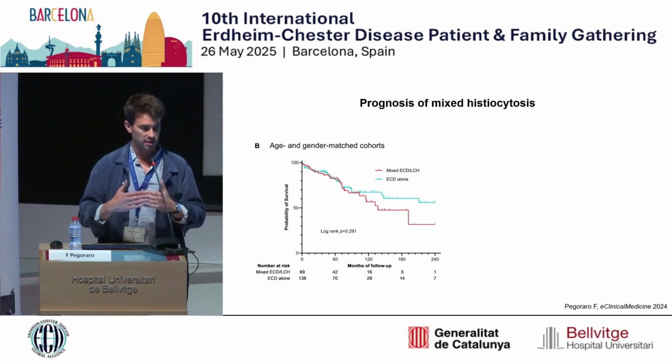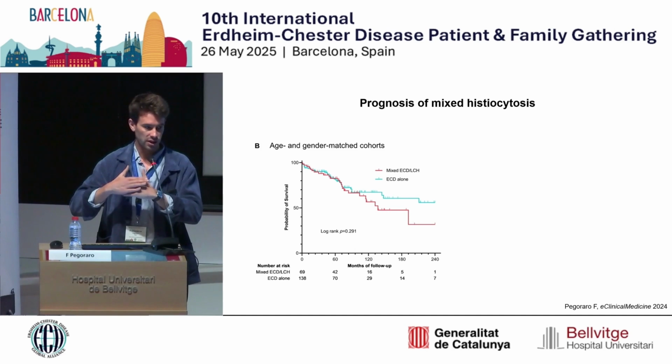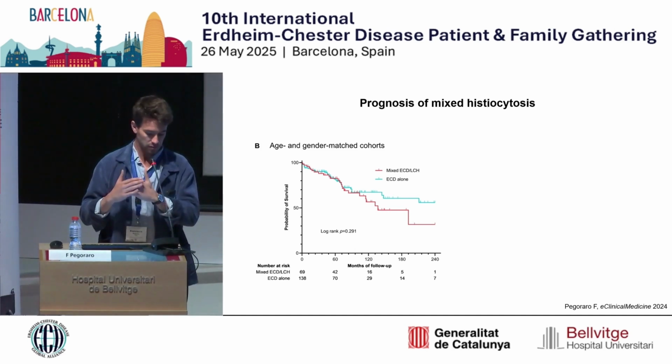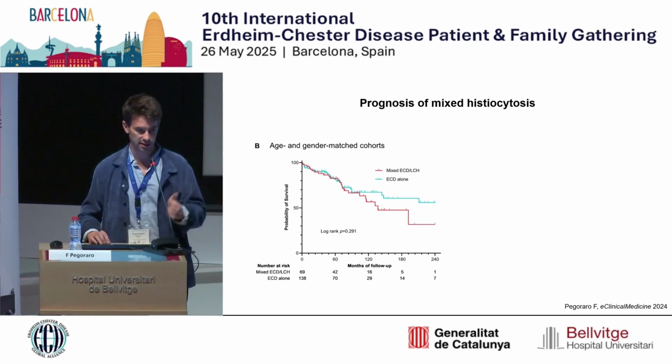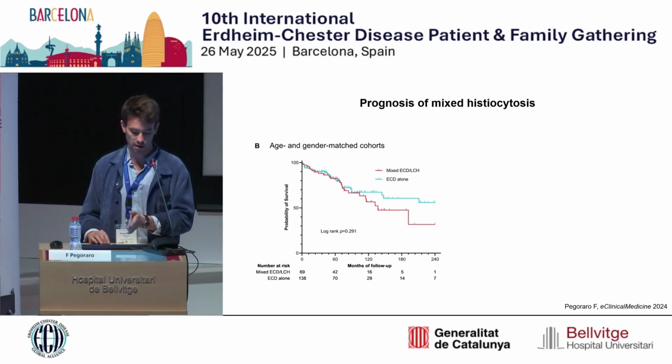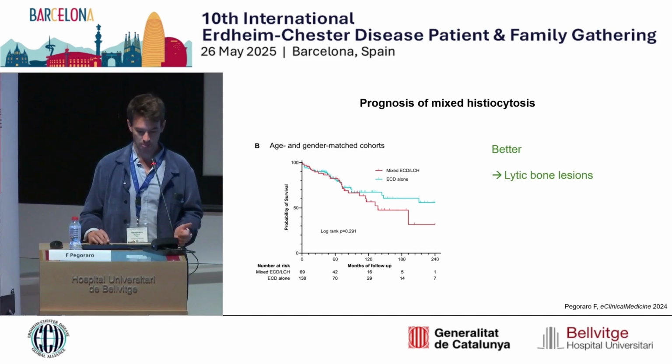And when two curves are very close to each other, it means that there is no difference. So here we see that there is no statistically significant difference between patients with ECD alone and ECD mixed with LCH, and this is probably also due to how we treat these patients.